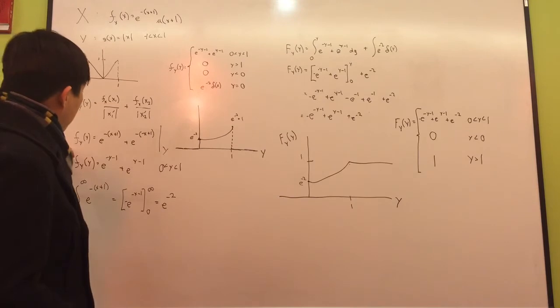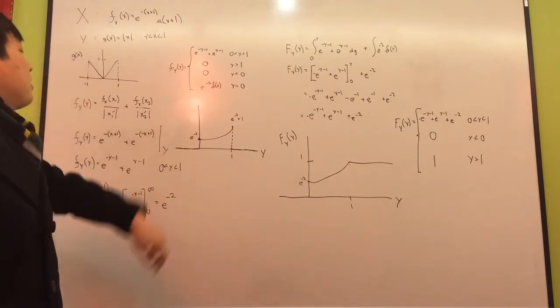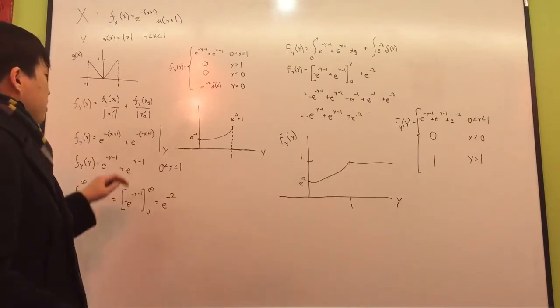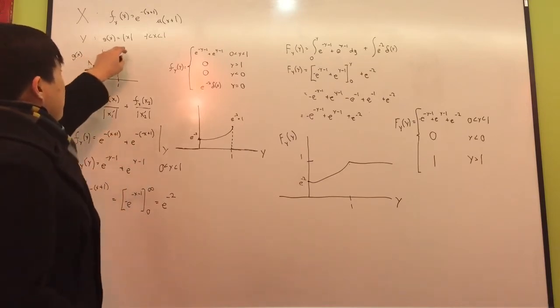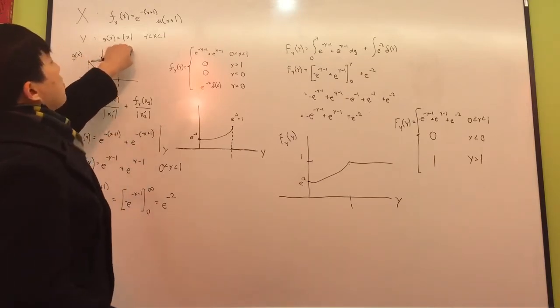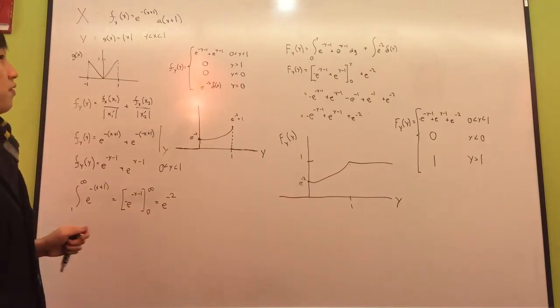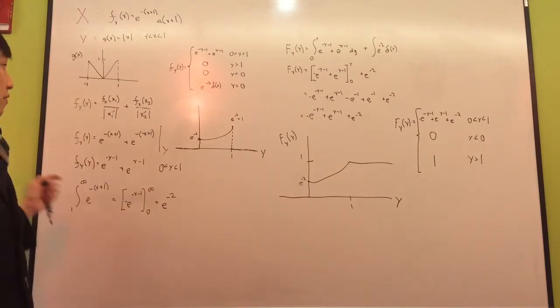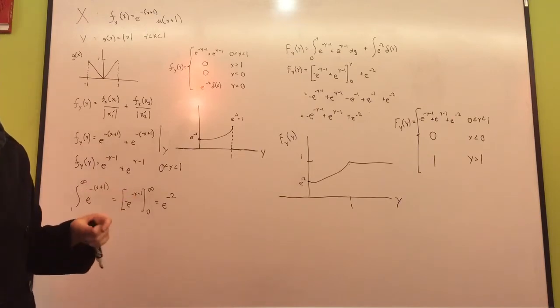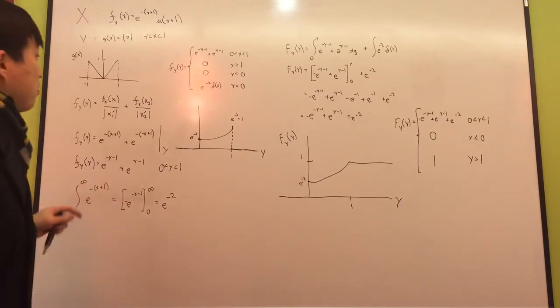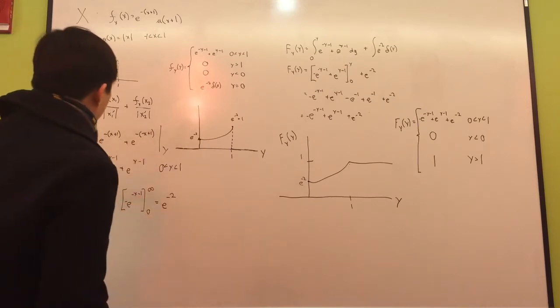Since it's small f of y, this all has to be in terms of y. So we just switch the y's for x's. In our case we could do this because y is equal to the absolute value of x. In the future, if y was equal to x squared, you would have to substitute in the square root of y. But in our case, we just substituted y.